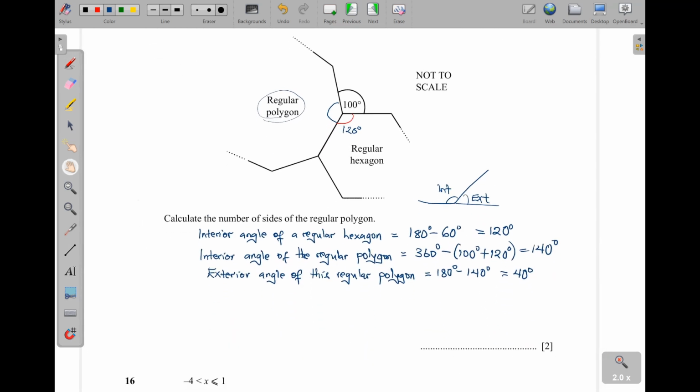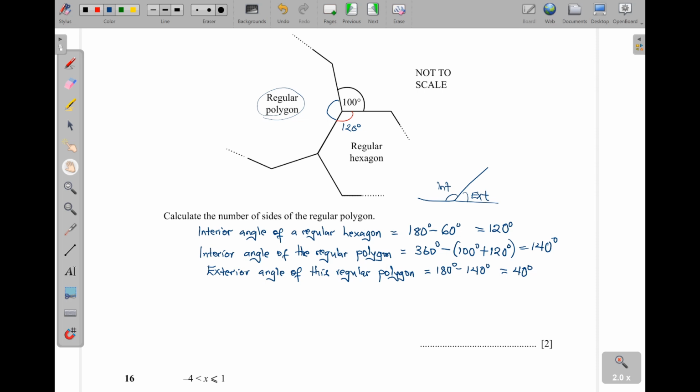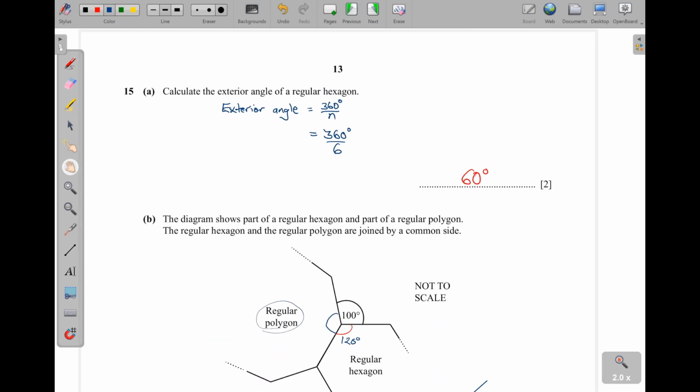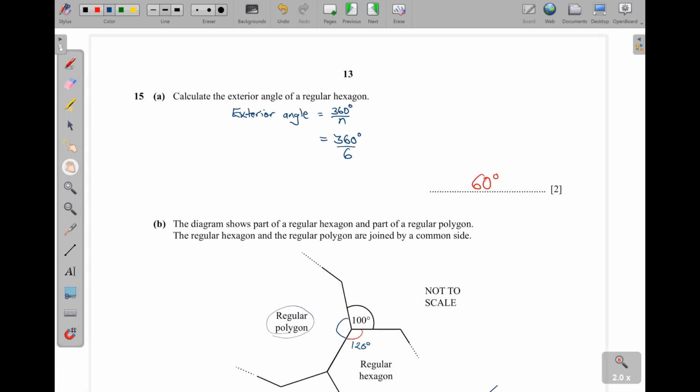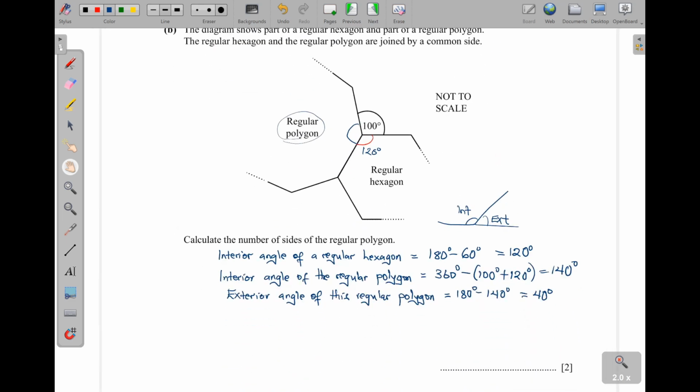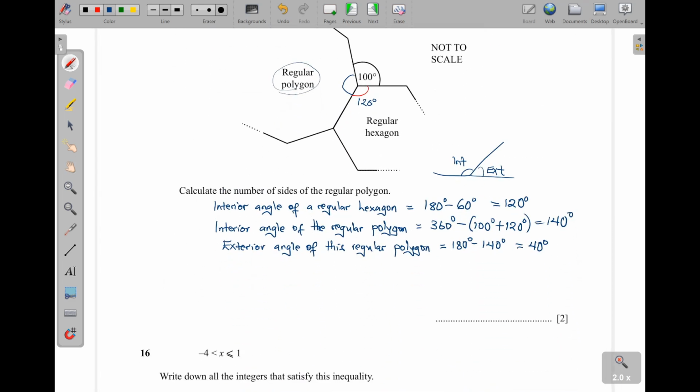Then after that, we now use the expression for the exterior angle. Exterior angle is equal to 360 out of n. So I just go back here and I say 360 out of n is equal to the 40.